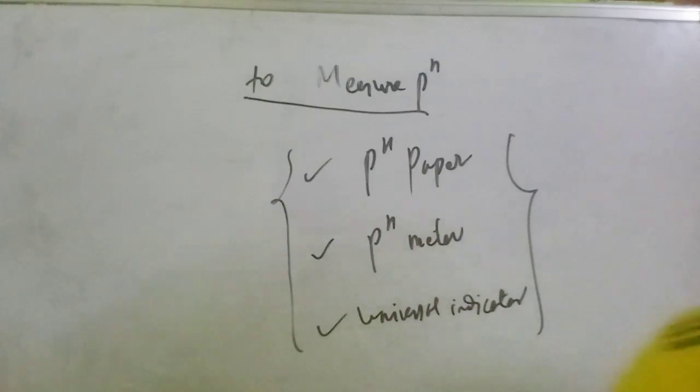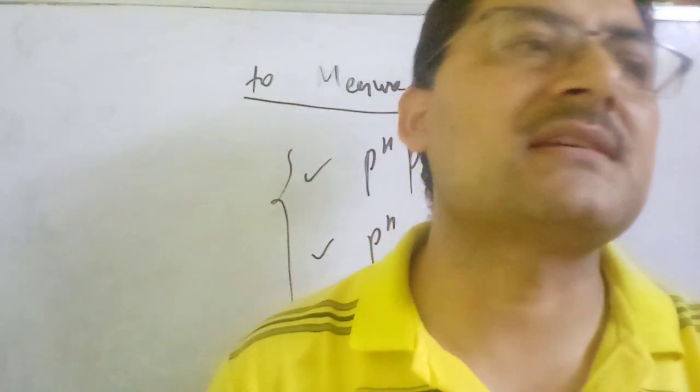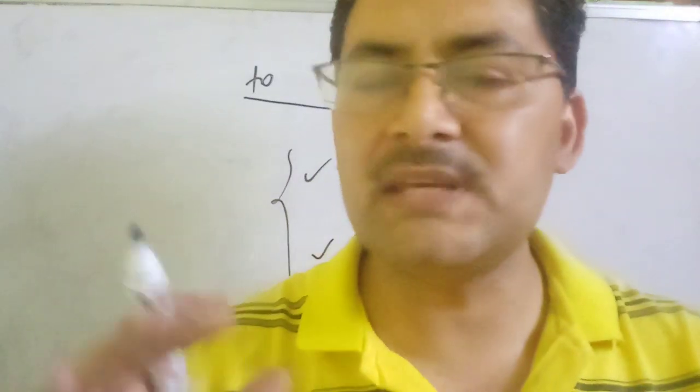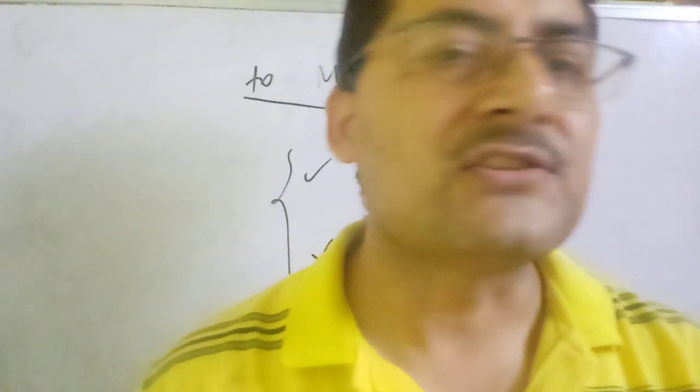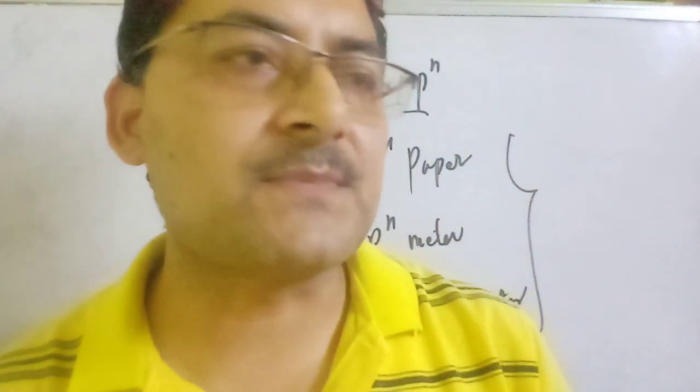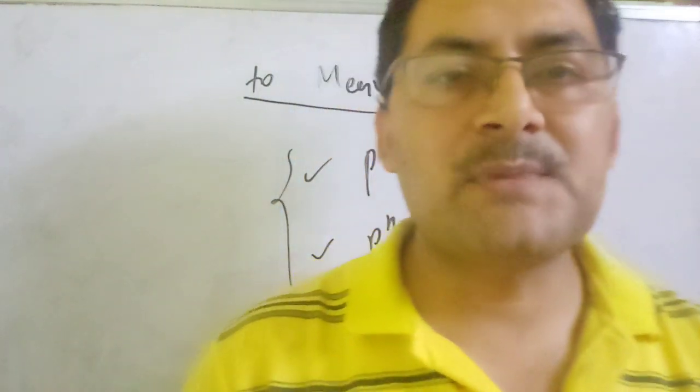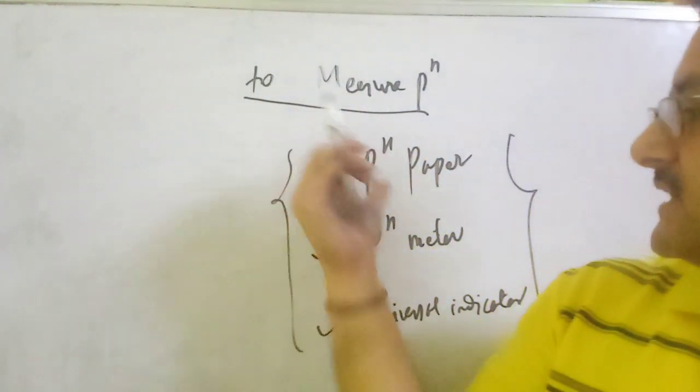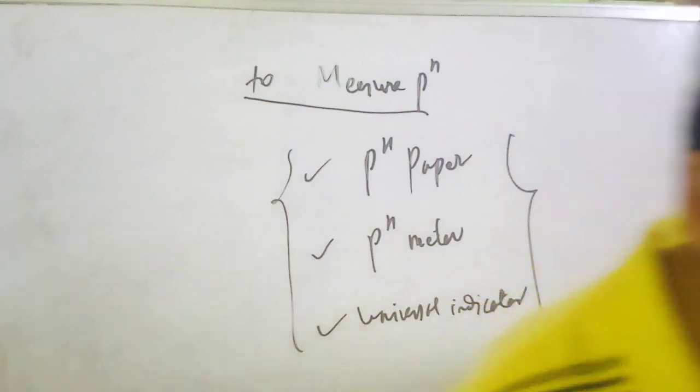So these three ideas can be used to measure the pH of a solution. Analytical chemists often have to measure the pH of a solution, and the pH of the solution must be maintained. So for that, pH must be measured, and analytical chemists generally measure the pH by using pH paper, pH meter, and universal indicator.